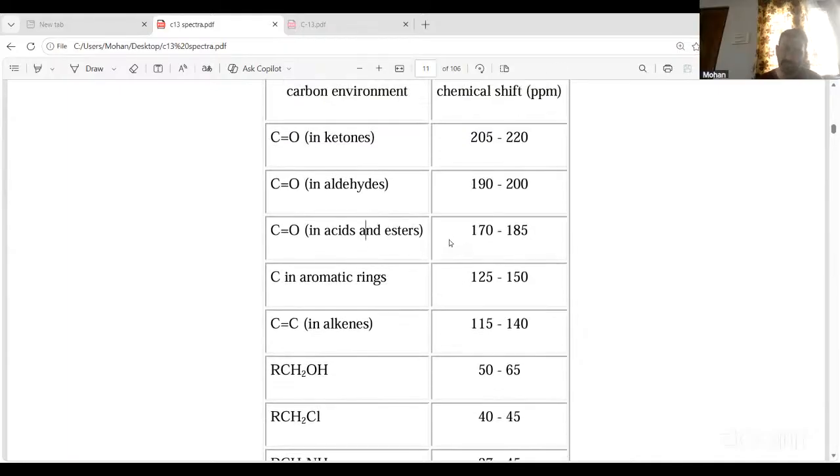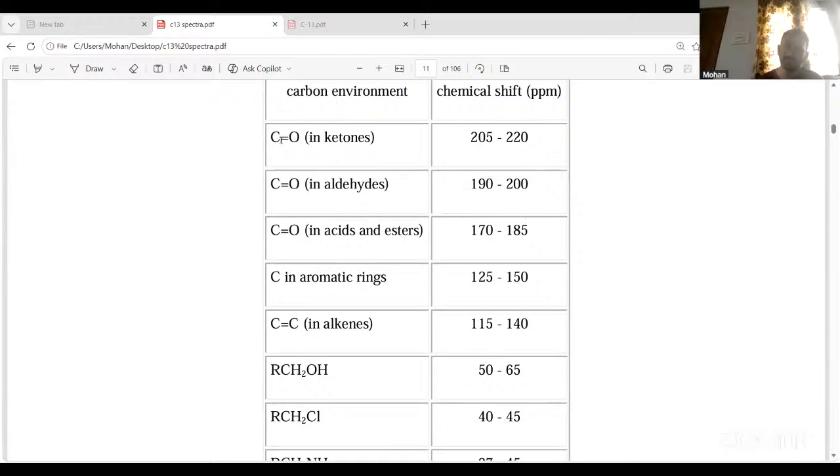So the carbonyl group can be present in aldehydes, ketones, carboxylic acids, esters, amides, and acid chlorides. In all these functional groups, you can see the C double bond O group, and the value is mentioned here.